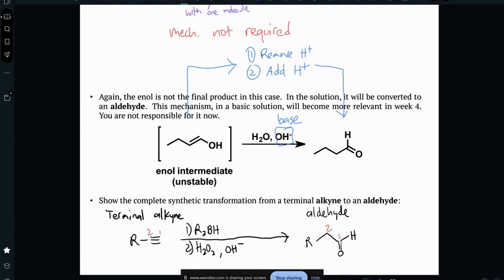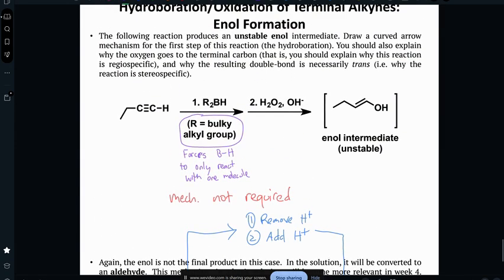And just because you will probably see this if you look at various outside sources, one of the most common R2BH molecules that's used is called 9-BBN. 9-BBN is 9-borabicyclononane.